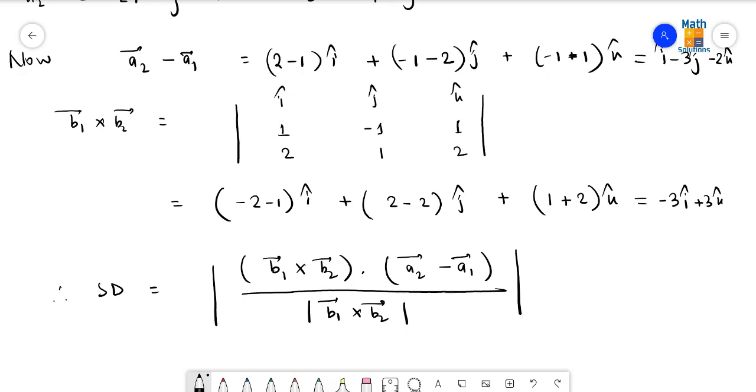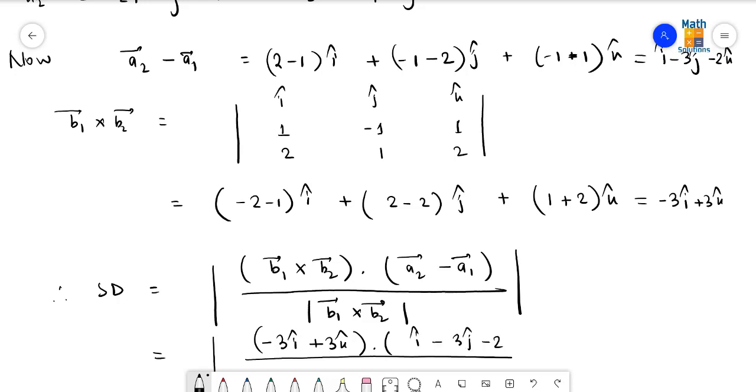Now let us find out the values accordingly. Here I shall write minus 3i cap plus 3k cap dot i cap minus 3j cap minus 2k cap.